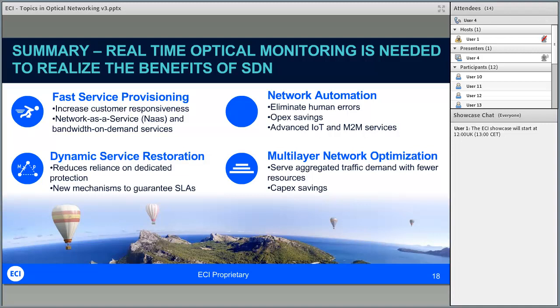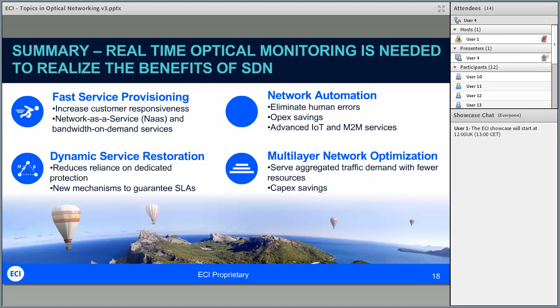This is particularly the case as we start to put together networks where we're optimizing between the packet layers and the optical layers, so that you can get more bang for your buck by looking at the network as a combined whole rather than as just parts by themselves. You also need the capability, if you do lose certain optical capabilities, to restore services quickly and dynamically.